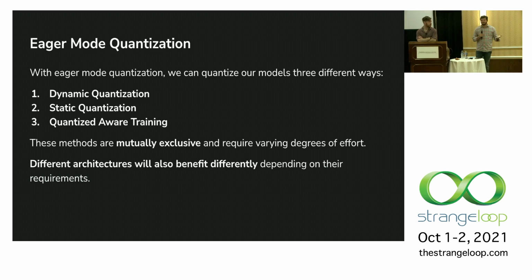We're going to see dynamic quantization is literally one line of code, whereas quantization aware training can take about a week to retrofit your code depending on what architecture you're using. And the choice of architecture is going to be very important here as well. Because of how these quantizations are performed, language models may prefer some methods and vision models may prefer other methods.